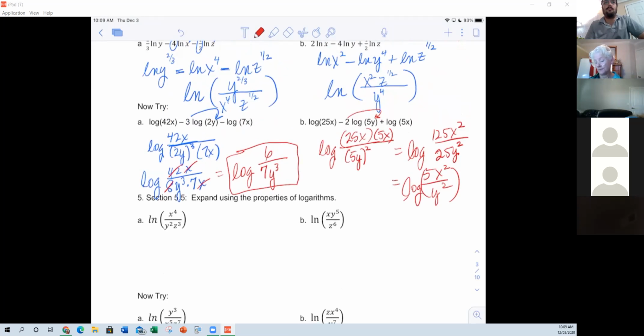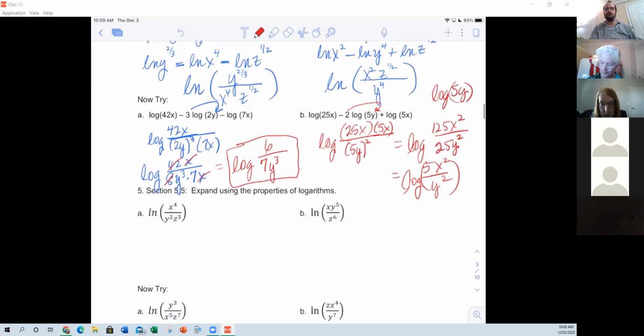A lot of times, and I don't like it, the book will write like log 5y. The way I read that is log 5 times y, but they really mean the log of 5y. So I like to put the parentheses on there.